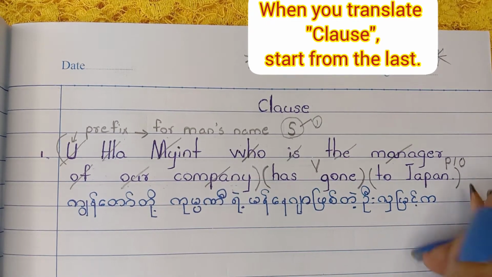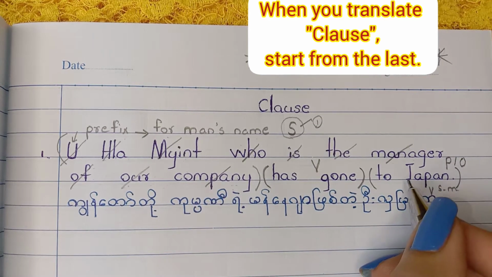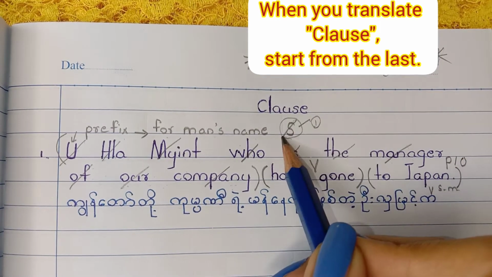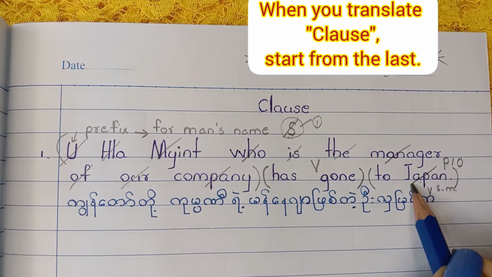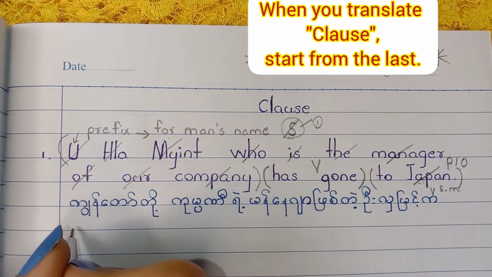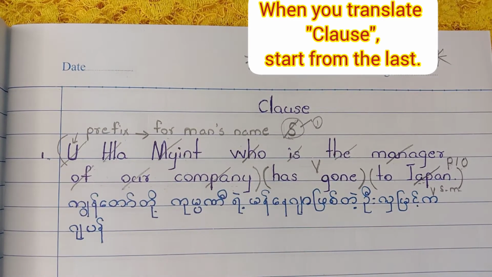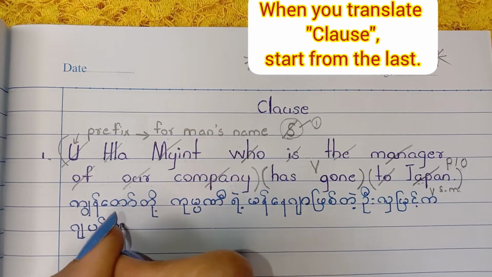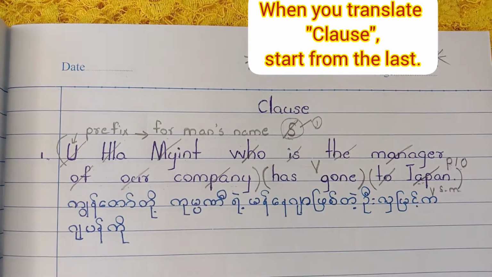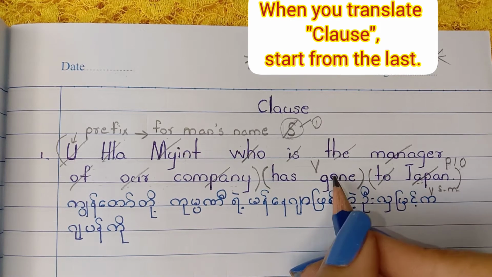After the subject we have to move to the preposition or object. The preposition is Japan, so I will write down here Japan. And to means go.